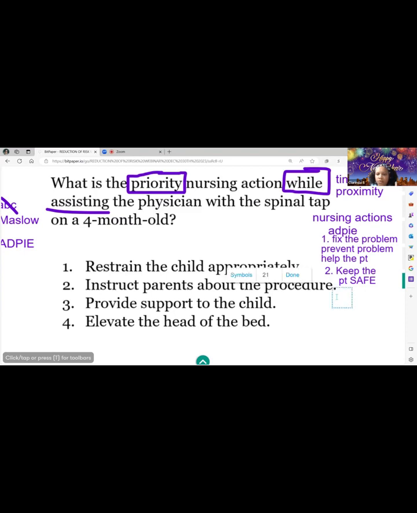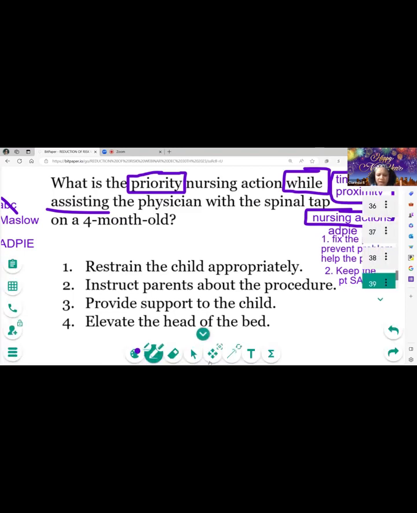All right, so nursing action. So those were the testing strategies you want to focus on for this question. It needs to be a nursing action. Time proximity plays a part. ADPI, assess, diagnose, plan.